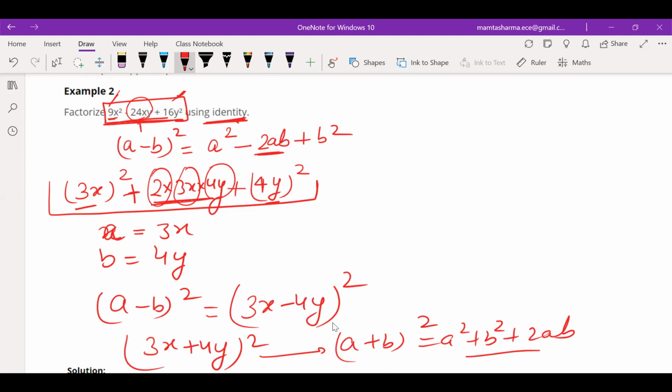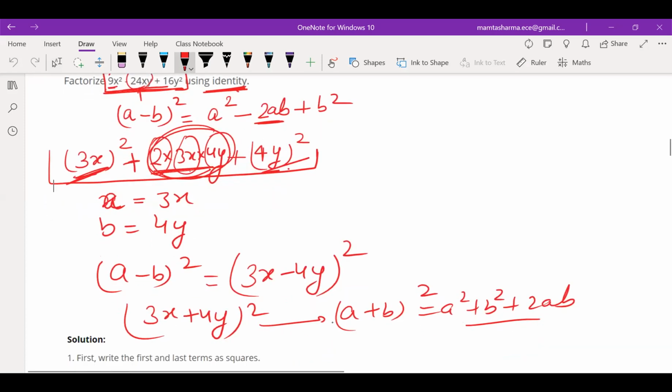After verifying that the first and third terms are perfect squares, you will get the values of a and b from them. Then you can multiply a into b with 2 and cross check whether you are getting the same middle term as given in the question or not. That is a method of verifying the middle term. It is not mandatory.